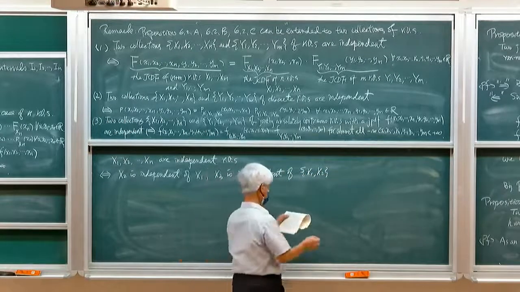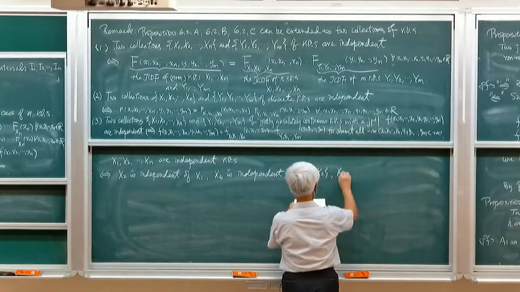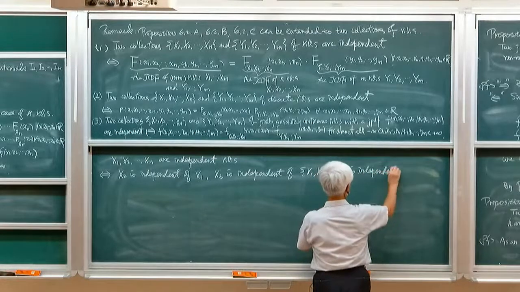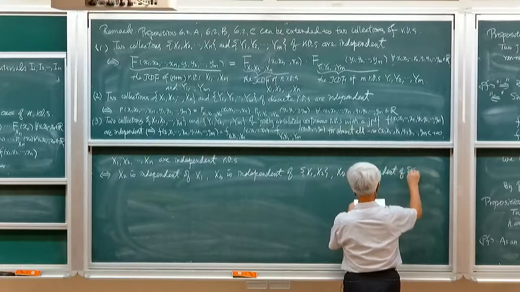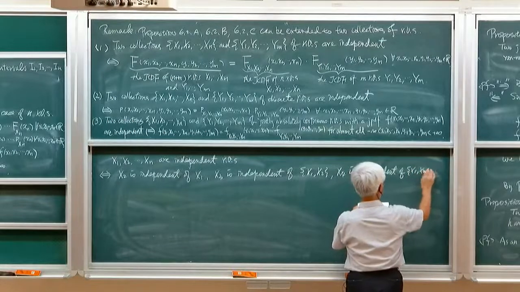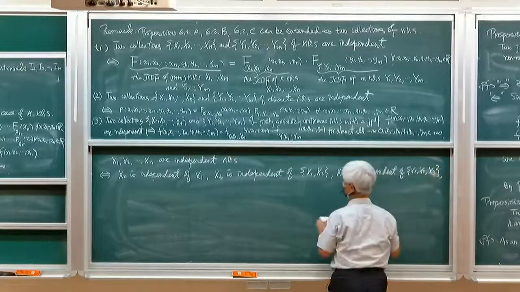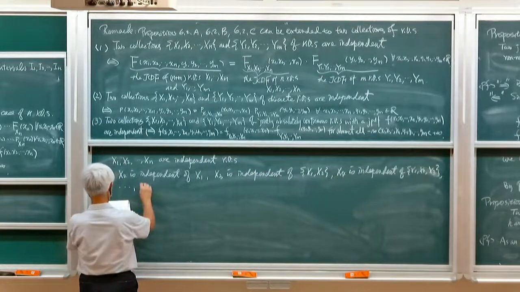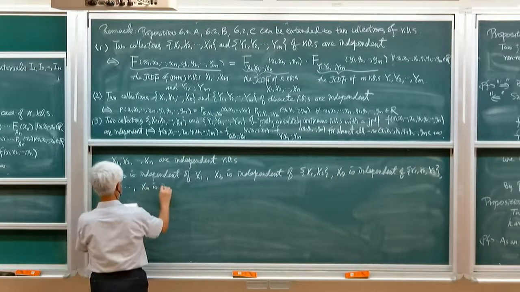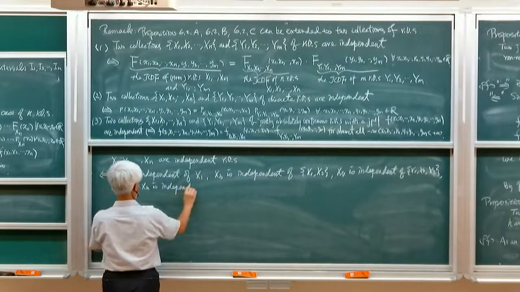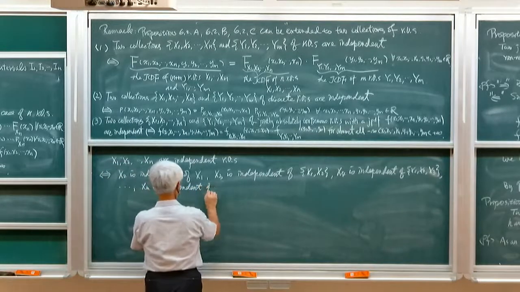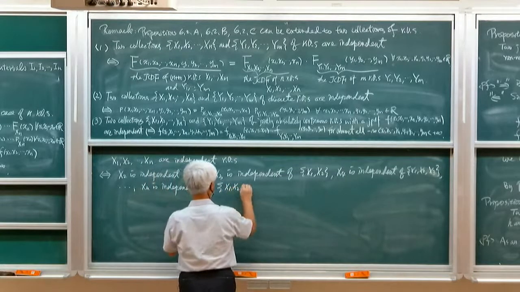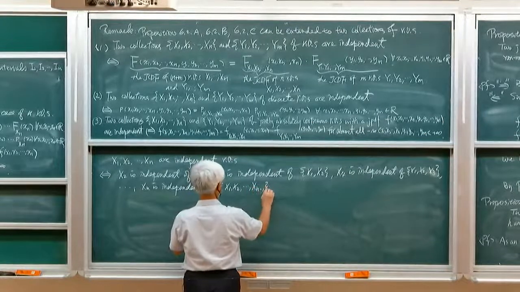And then x4 is independent of x1, x2, x3, and you can continue. Finally, xn is independent of the collection x1, x2 up to xn minus 1.